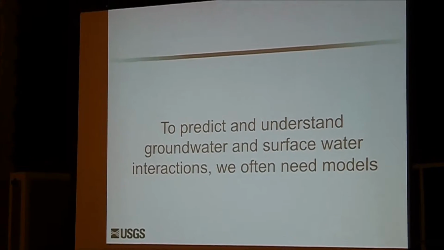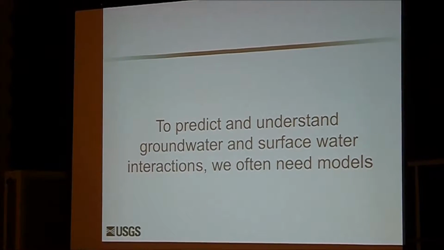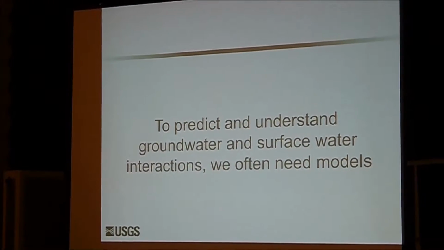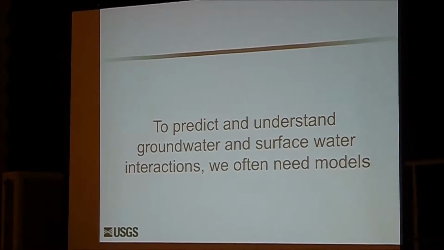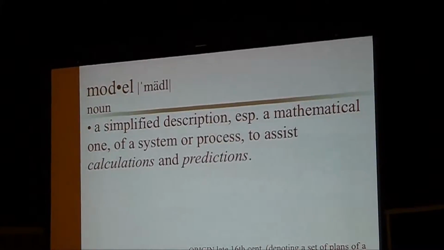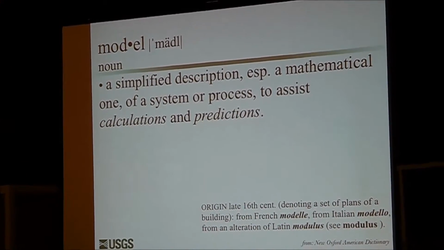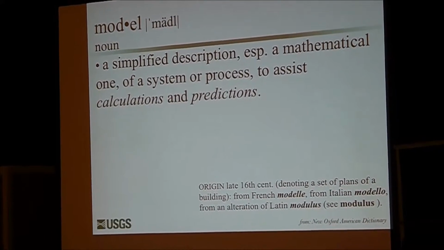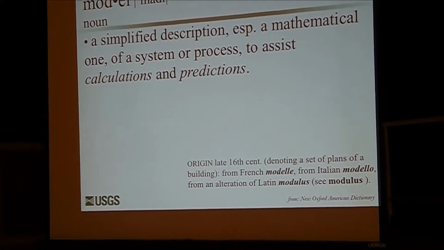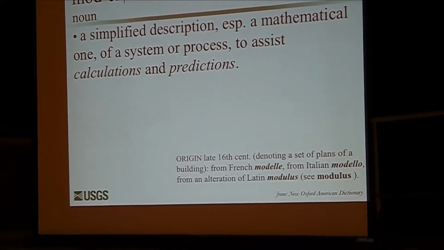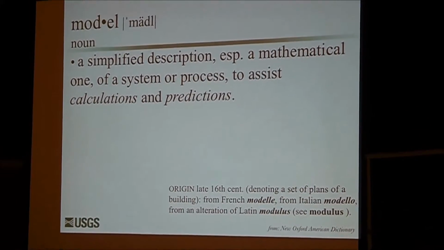And I said this at the beginning, but to predict and understand groundwater and surface water interactions, we typically need a model. And there are a couple of reasons for this, but first, whenever I'm confronted with a new term, I like to go to the dictionary sometimes. I find it useful. Even for something, I've been doing groundwater modeling for 15 years, and I thought, I should look at the dictionary. What does it actually say about a model?